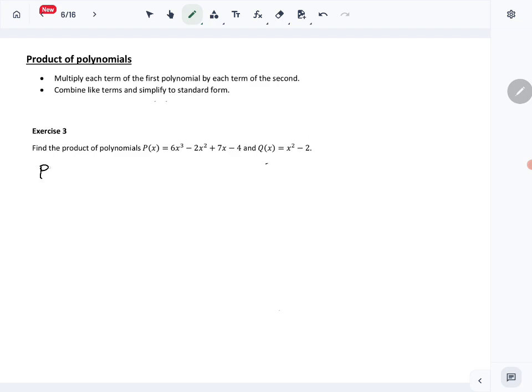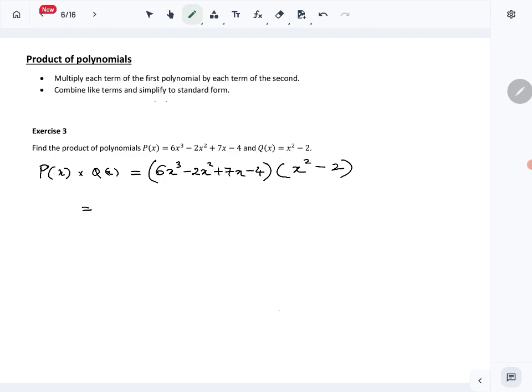So let's see, px times qx. Then we have 6x cubed minus 2x squared plus 7x minus 4, times x squared minus 2, right? So let's get rid of the brackets.